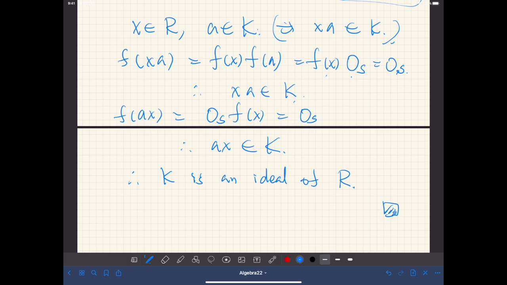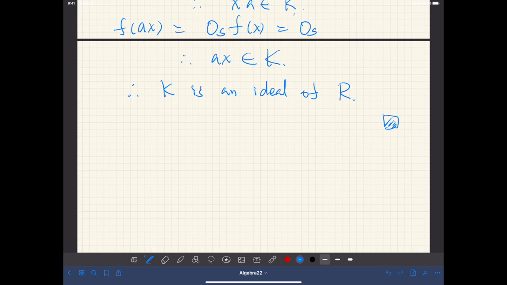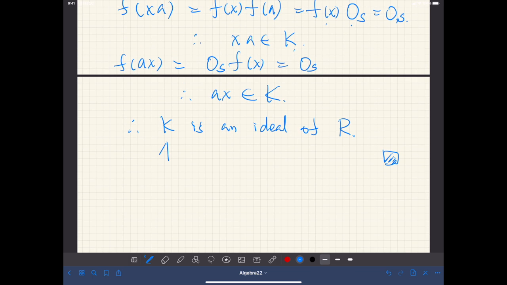So we extend the definition of the kernel of a mapping to ring homomorphisms. So this K is called the kernel of f, and we write it as ker f.